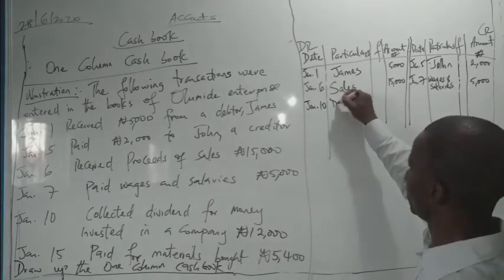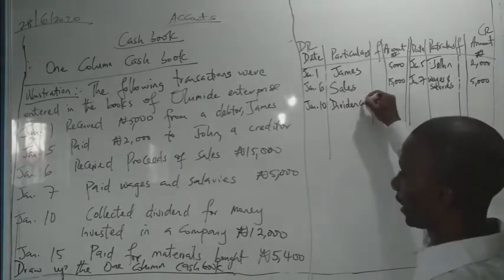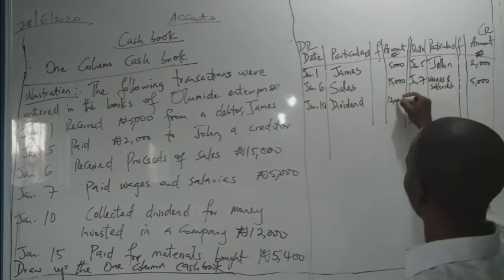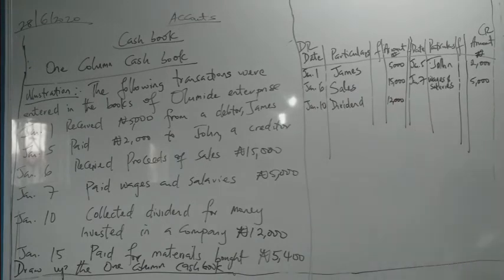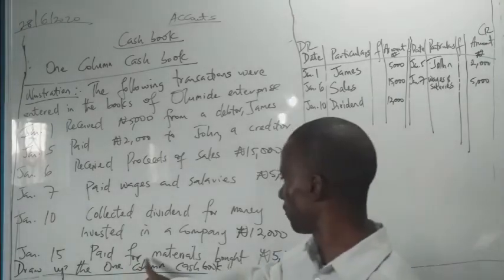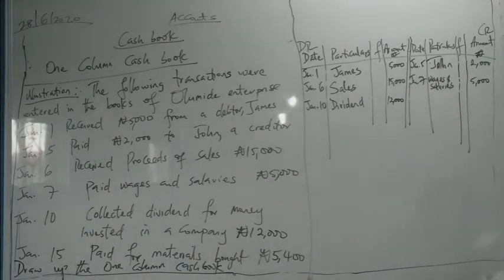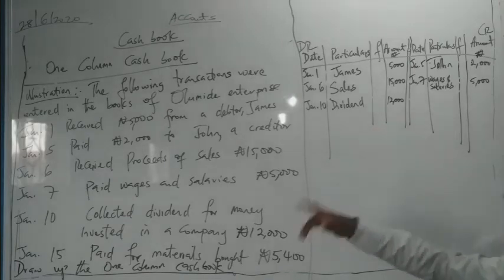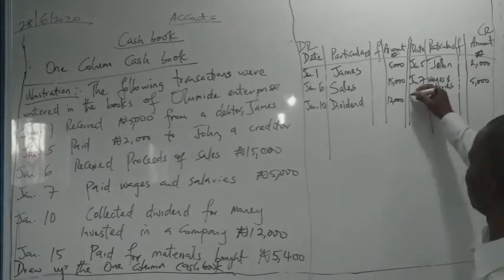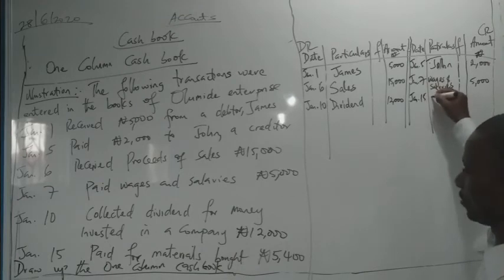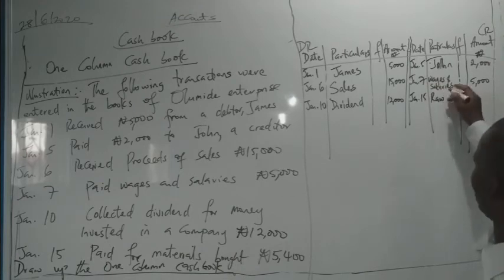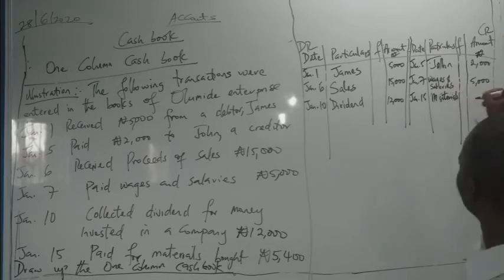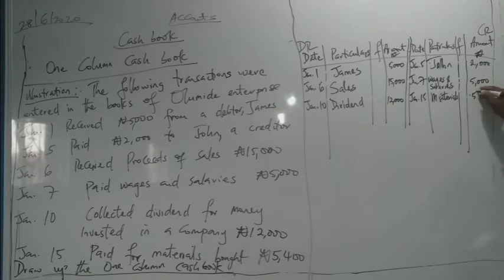January 10, dividend, 12,000. Then the last date, January 15, paid for materials bought, 5,400. Money is going out, so it will be credited. January 15, raw materials, 5,400.